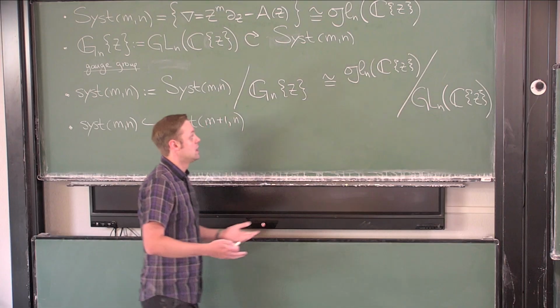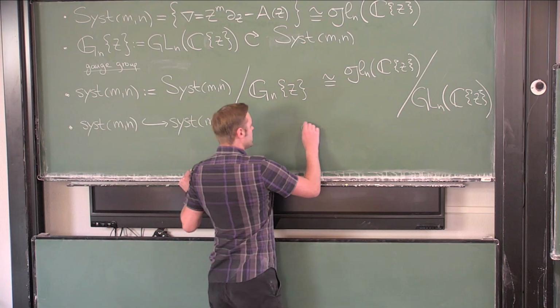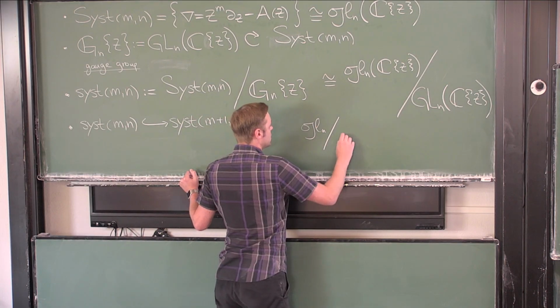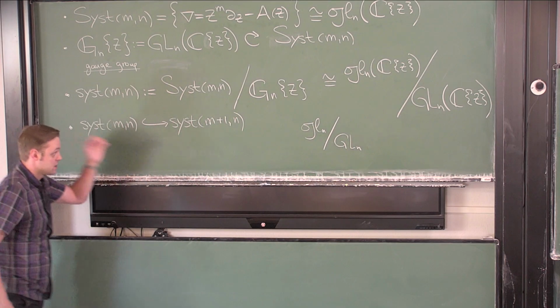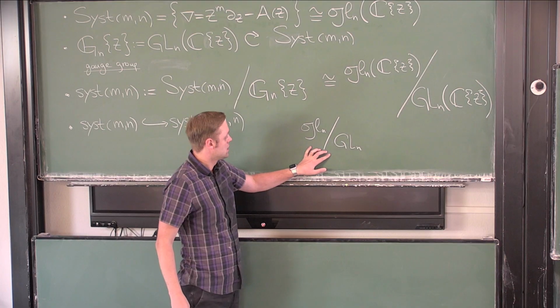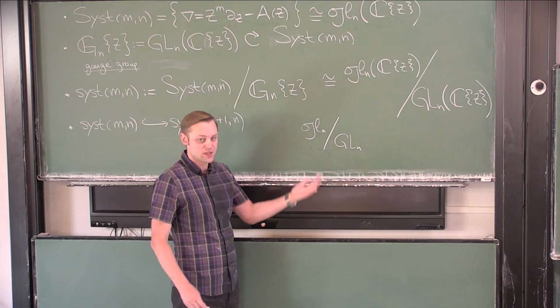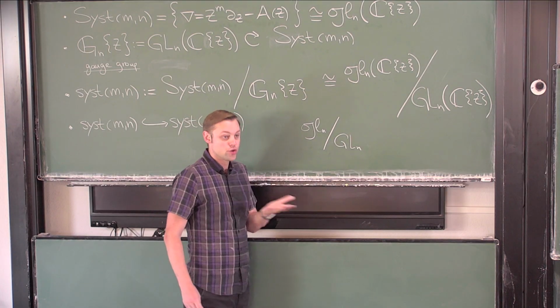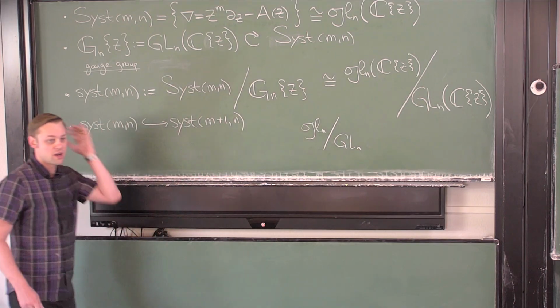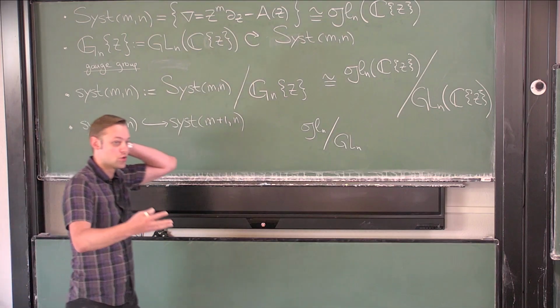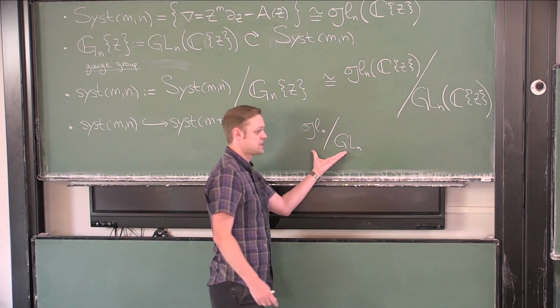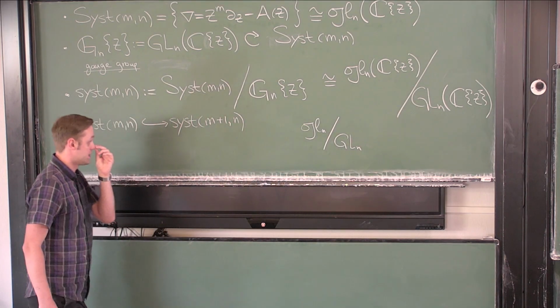We know that this quotient, GL_n mod GL_n with the usual conjugation, is the space of conjugacy classes, which are Jordan normal forms. Every n by n complex matrix is equivalent to its Jordan normal form.